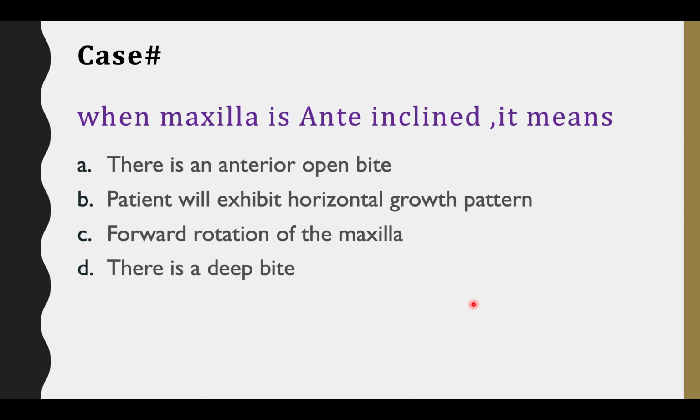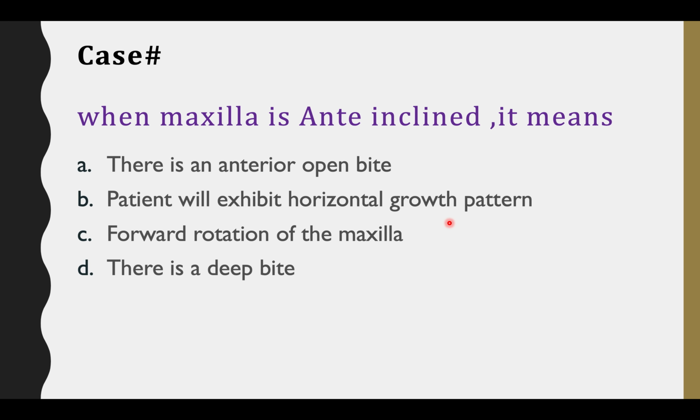So you may get a doubt: there is an anterior open bite. With only the maxilla anti-inclined, anterior open bite may not occur. And does the patient exhibit a horizontal growth pattern? No. Growth patterns are normally determined by the inclination of your mandible, not solely dependent on the maxilla, but the worsening of a horizontal or vertical growth pattern can also be caused by rotations of the maxilla.